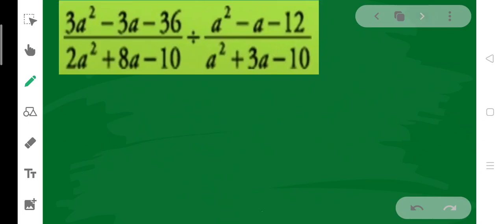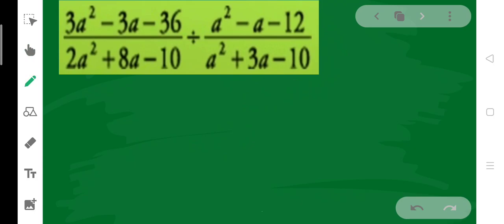Okay, another one. We have 3a squared minus 3a minus 36 all over 2a squared plus 8a minus 10 divided by a squared minus a minus 12 all over a squared plus 3a minus 10. So first, we're going to factor the numerators and denominators, and so we're going to get the reciprocal of the divisor.